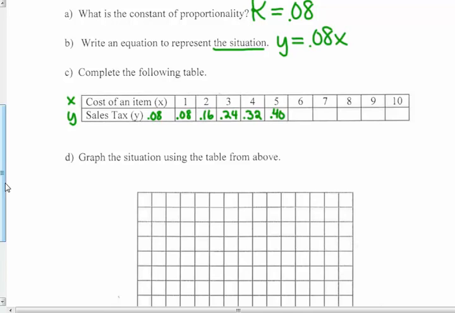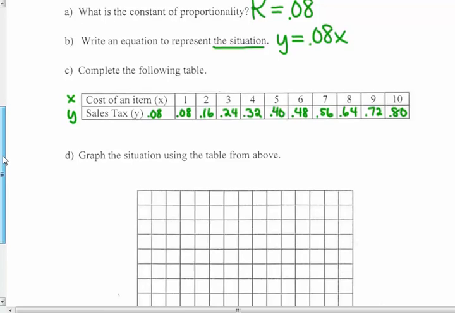I bought something for $6, 6 times 8 cents, 48 cents. 7 times 8 cents, 56 cents. 8 times 8 cents, 64 cents. 9 times 8 cents, 72 cents. And 10 times 8 cents, 80 cents. So if you bought a shirt for $10, you paid $10.80 for it.